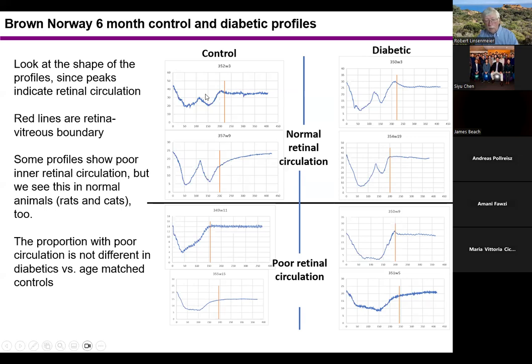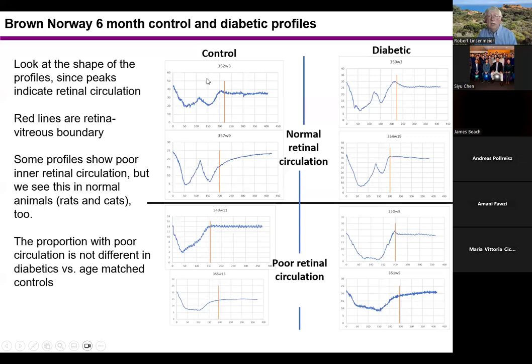But as I've already shown you from the rat profiles, you sometimes see profiles that don't show any clear evidence of circulation in the inner retina, even in normal animals.